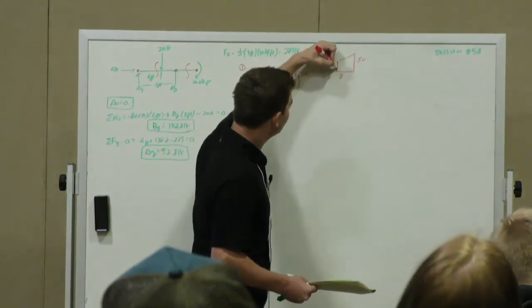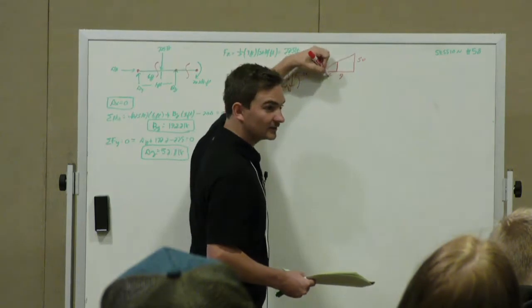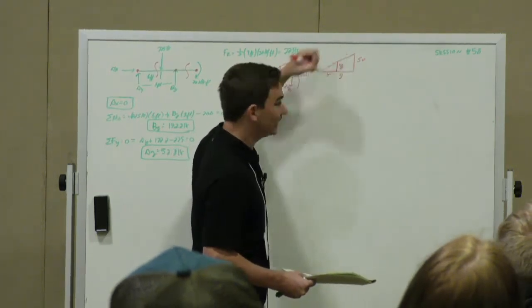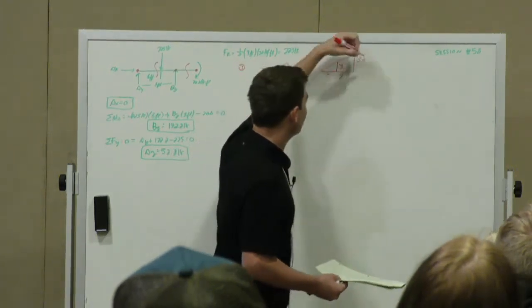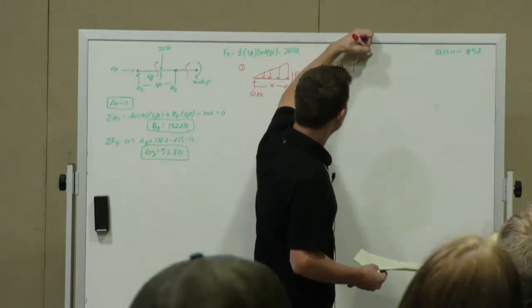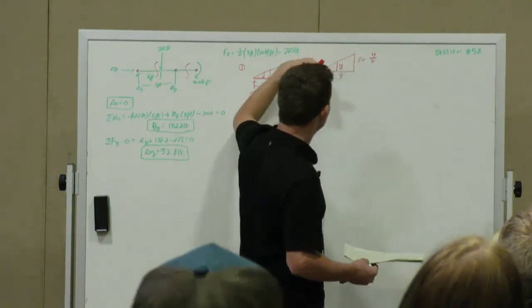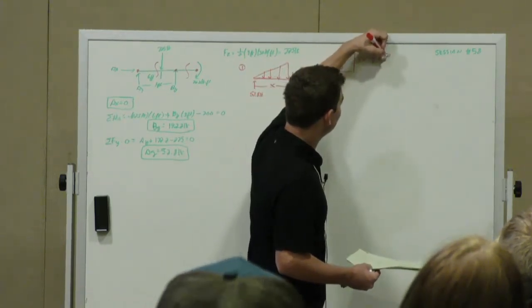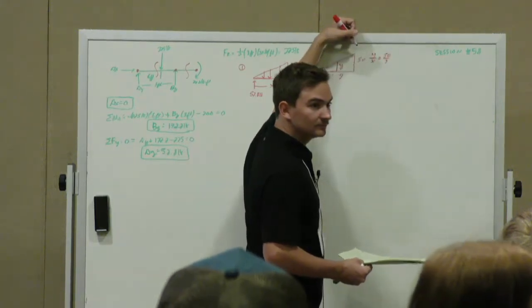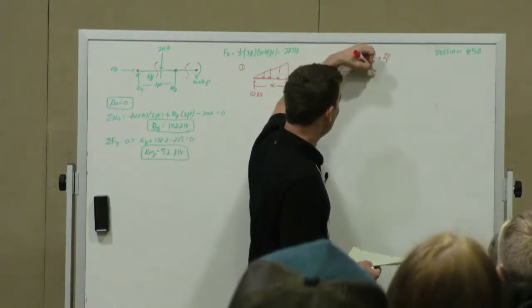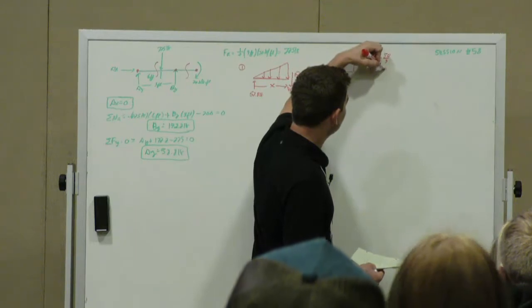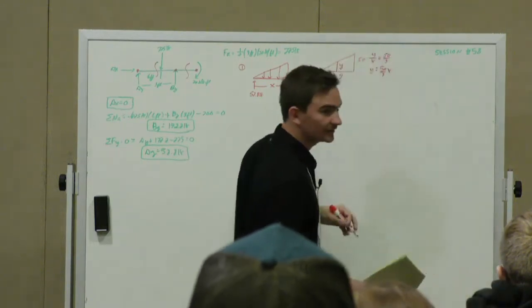So if we have a similar triangle acting at x feet, it's going to be y. So now using similar triangles, we could say y over x is equal to 50 over 9. So y is equal to 50 divided by 9 times x.